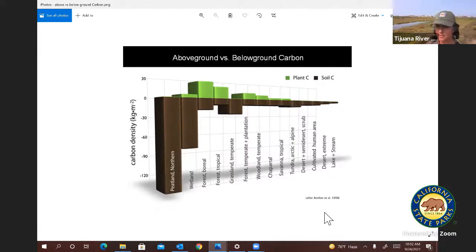So the plants, although they do have a growing season, they don't grow quite as tall because they're really dealing with a lot of salt. And some plant communities have even less carbon above the ground. Okay, so I just really like that graph.